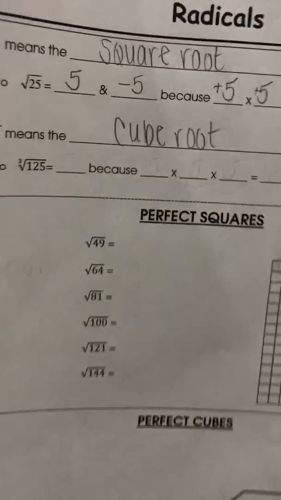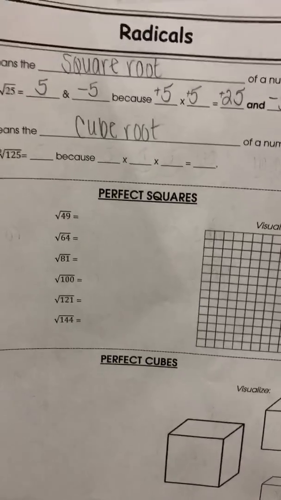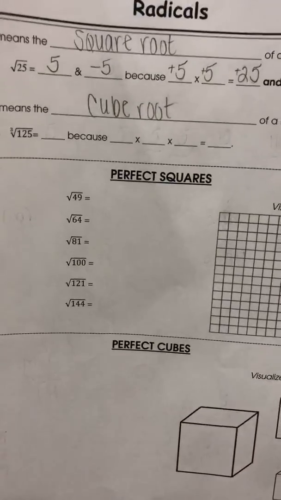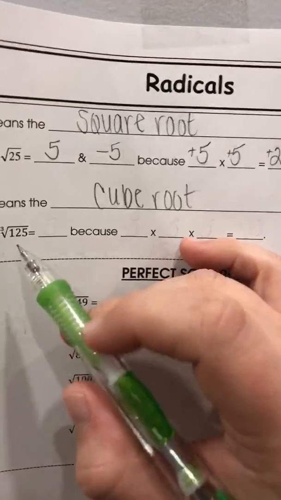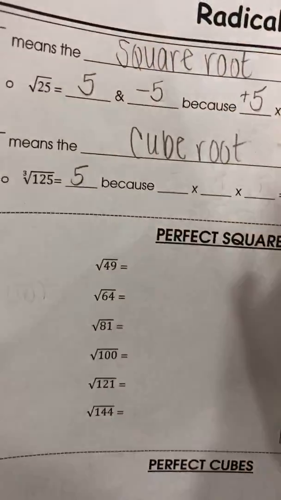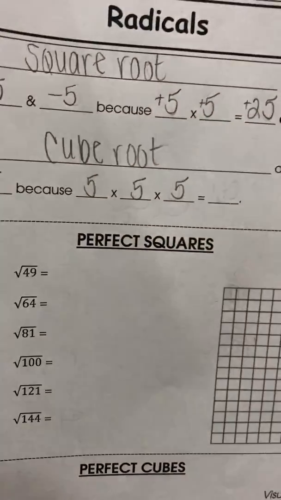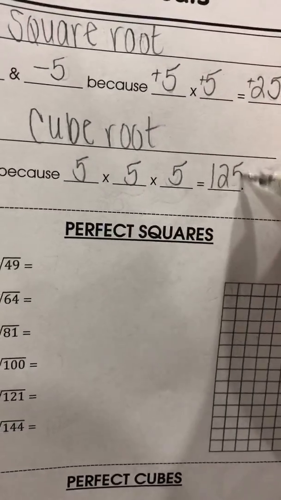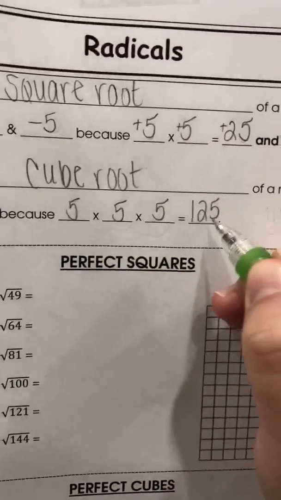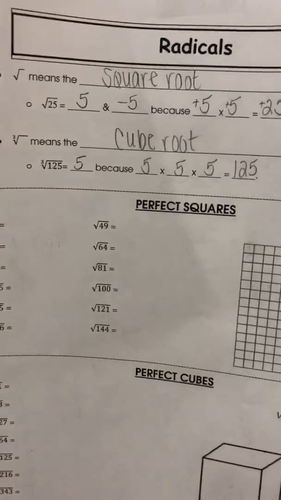Now, a cube root, instead of a number times itself, we're looking for a number times itself 3 times. So the cube root of 125, the answer is actually 5. The reason being is 5 times 5 times 5 is 125. So I have 3 5s, it equals 125. Therefore, the cube root of 125 is 5.